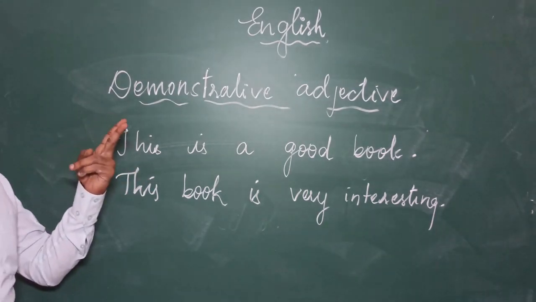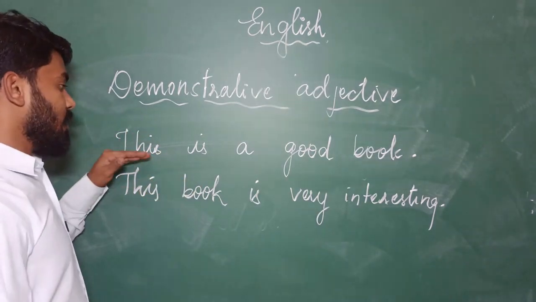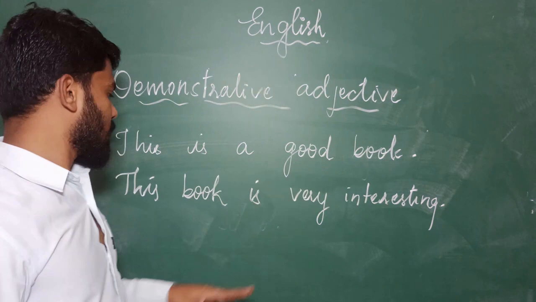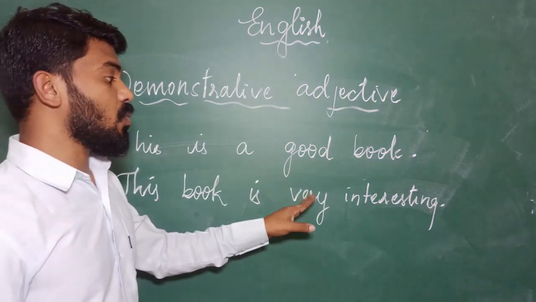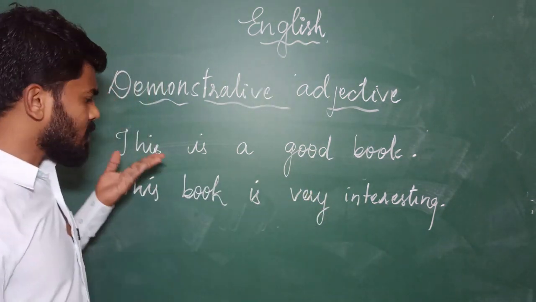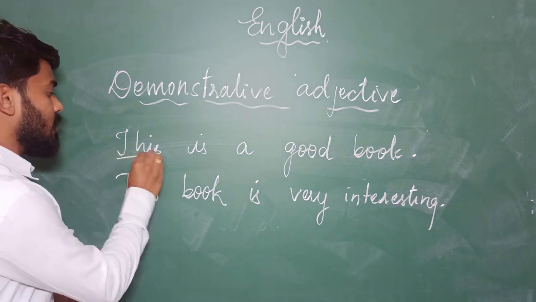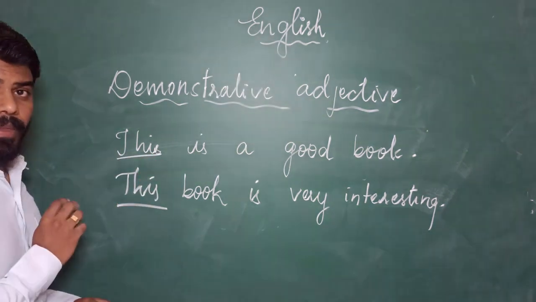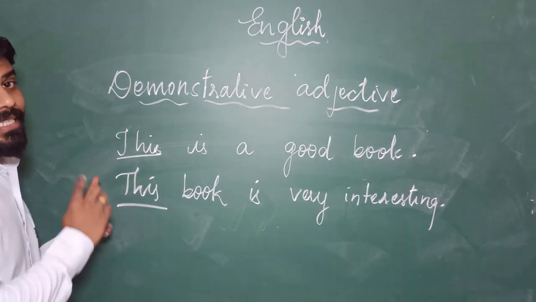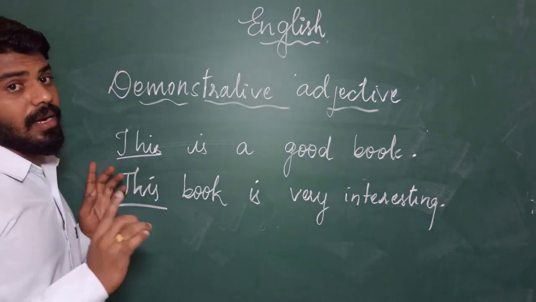Here I have written 2 sentences. This is a good book. This book is very interesting. Just look at the words, the same words I have used. Here this, here is also this. But the function of these 2 words is different.